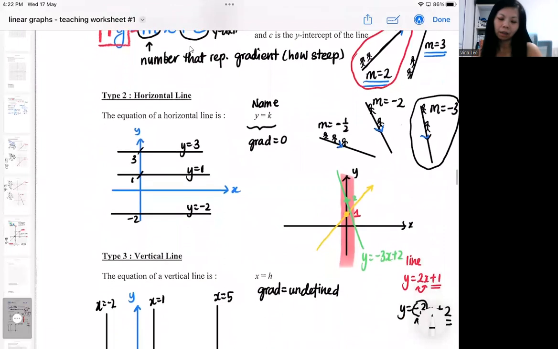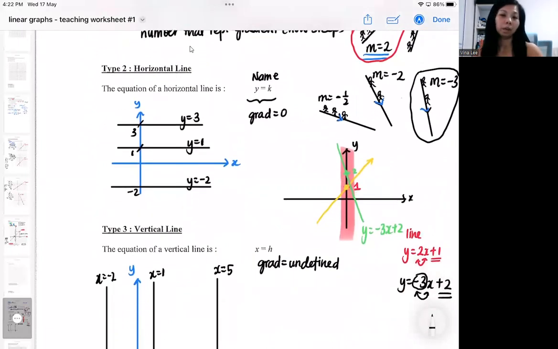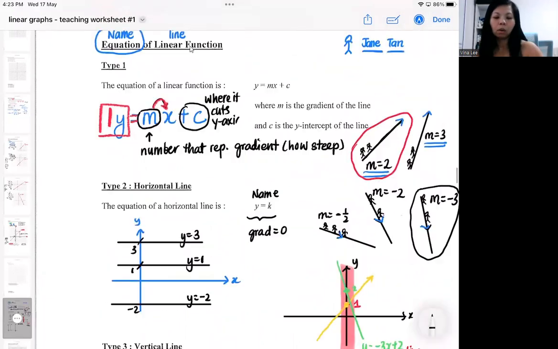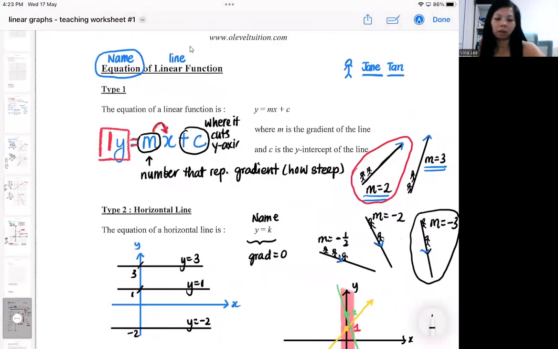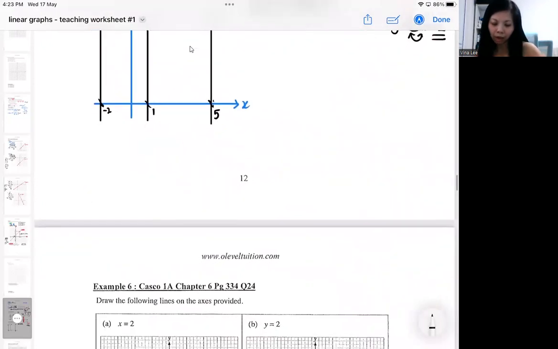For a vertical line, it's perfectly straight, so the name will be x equal to a number. So the name will tell us how the line actually looks like. You will have some expectation based on the name of a line, provided you know what the gradient represents and what the c represents. That will be the basic idea.